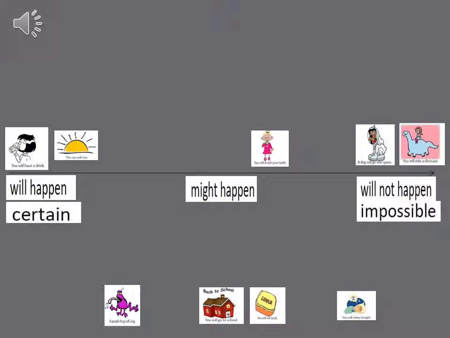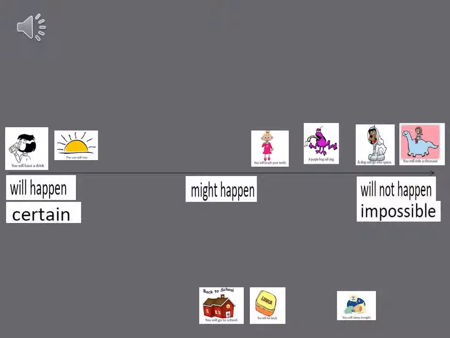Where do you think the purple frog will go? That's right, a purple frog will sing will not happen, so it will go at the end of the line at the will not happen or impossible sign.